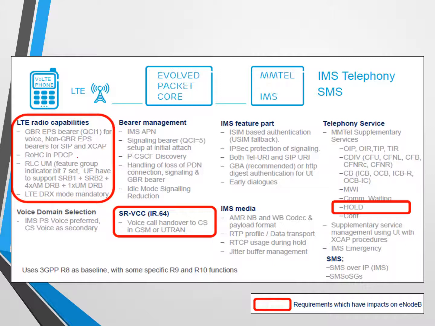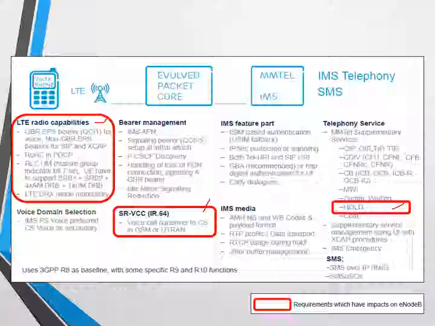Other than this, we should have SRVCC, and other than these are some IMS based features, and some telephony services which should be available at the operator end, and the ones highlighted in red, this one and this one, are very mandatory features to initiate VoLTE.